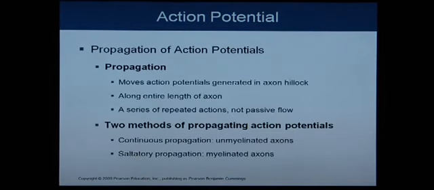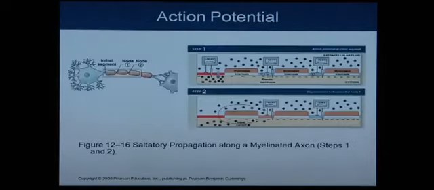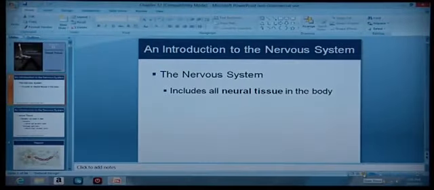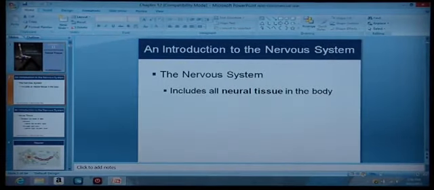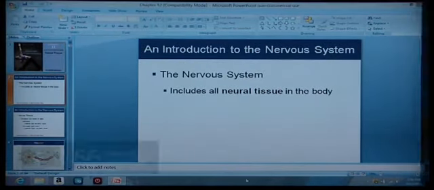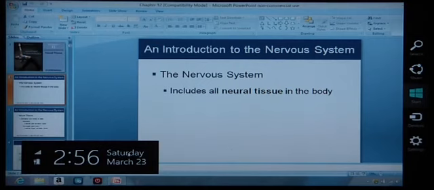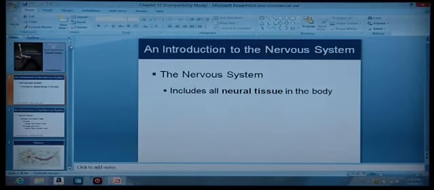So how does the action potential go all the way down the axon? How do we keep it moving forward? Now remember, I'm going back a little bit here just to show you, sorry guys, I went back too far. Let me go back to show you the original picture of that neuron.